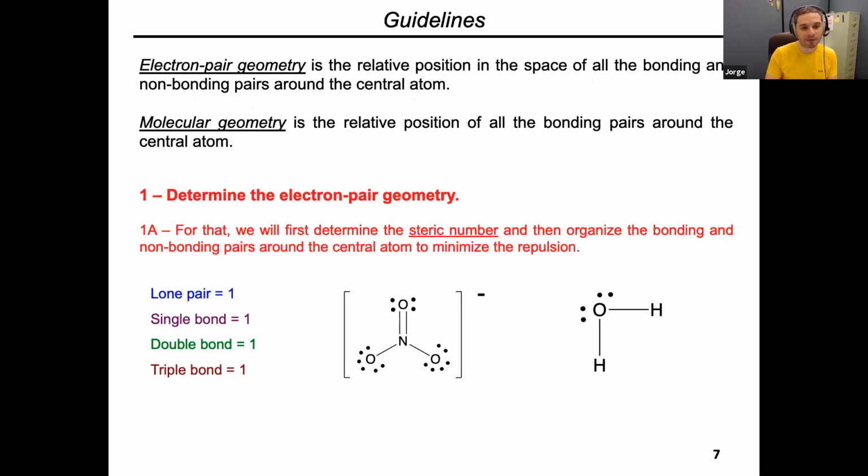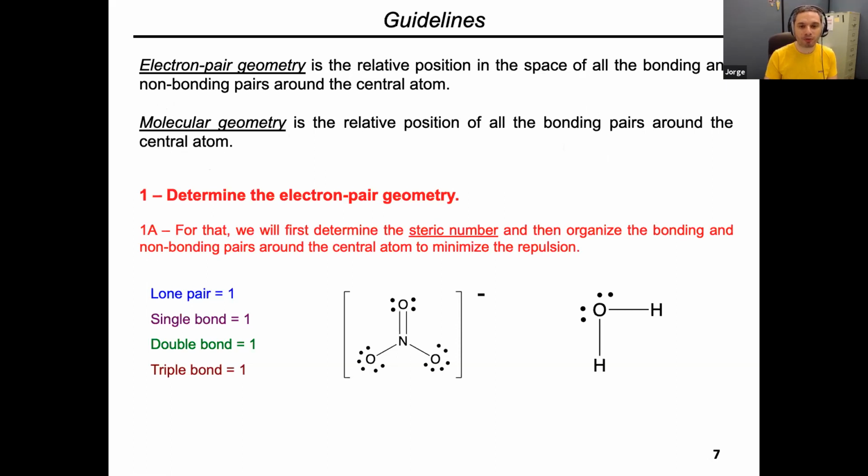And then after we determine the electron pair geometry, we can determine the molecular geometry of the compound. Molecular geometry is the relative position of all the bonding pairs around the central atom. See the difference?